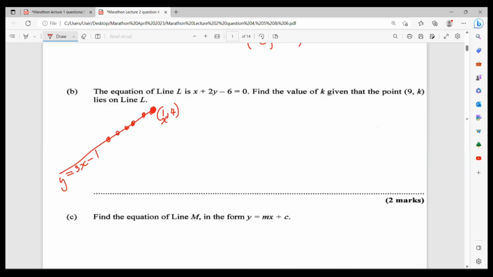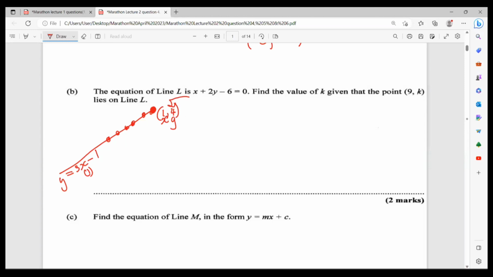This is an x and that's a y. If I put number 1 where the x is and work out the maths, it's going to tell me the y value. That's what the equation of the line is equipped to do.